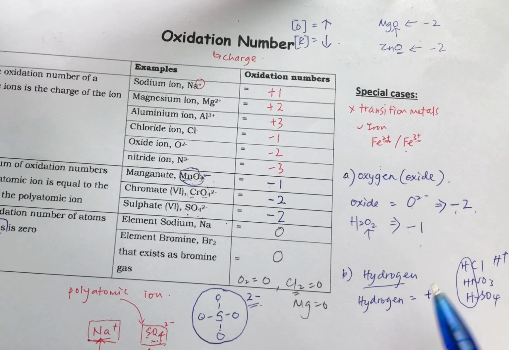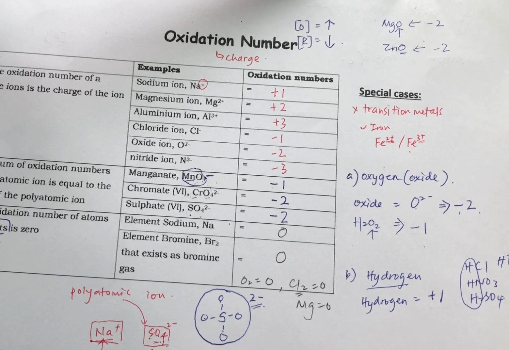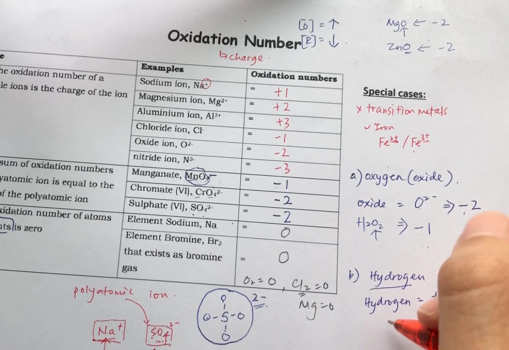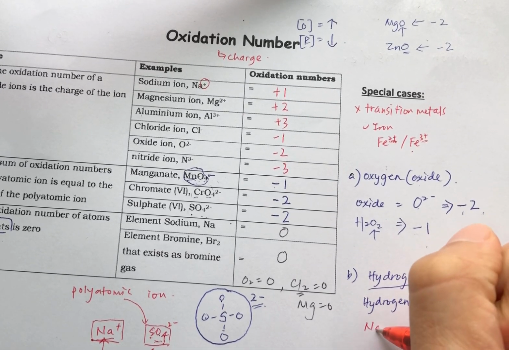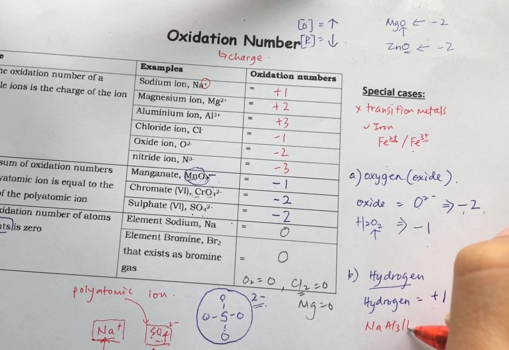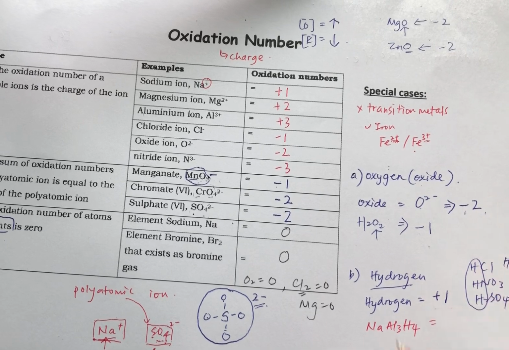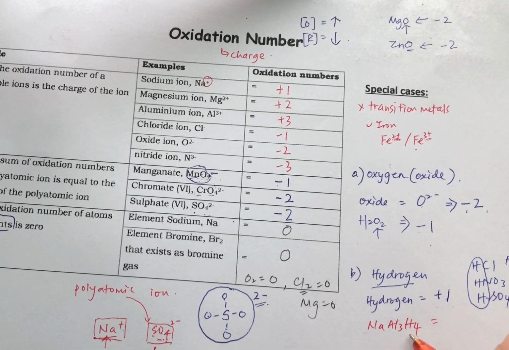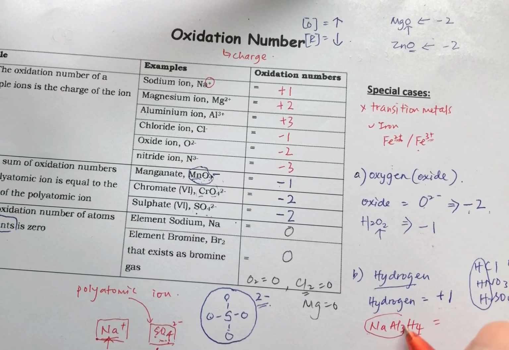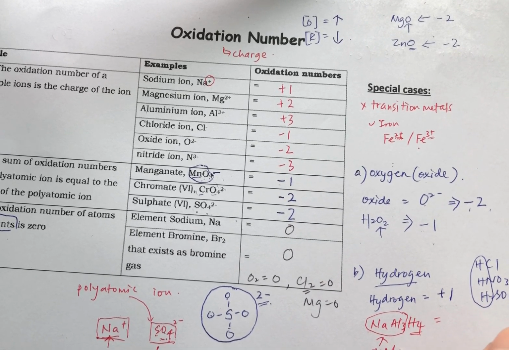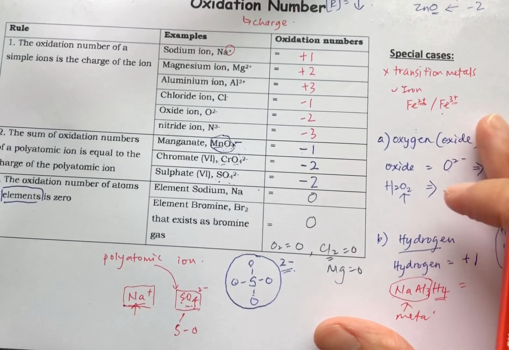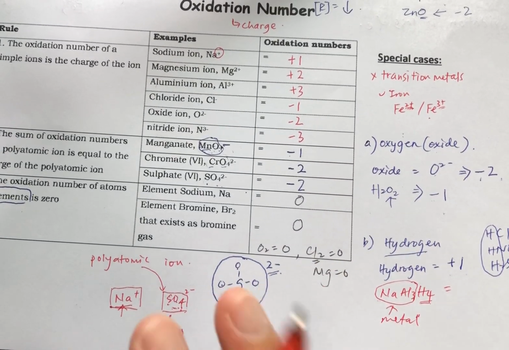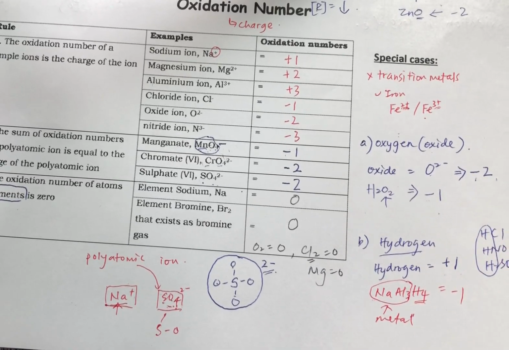So remember, hydrogen is most of the time +1, except when it is bonded with a metal. For example, I have sodium aluminum hydride. You see my hydrogen is now bonded to sodium and aluminum metal. So when hydrogen is bonded to metal, the charge shouldn't be +1, it should be -1.